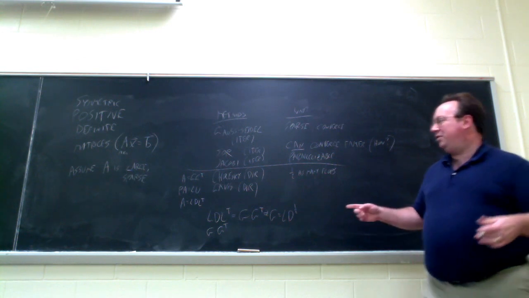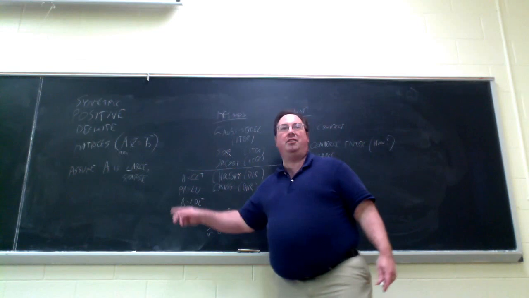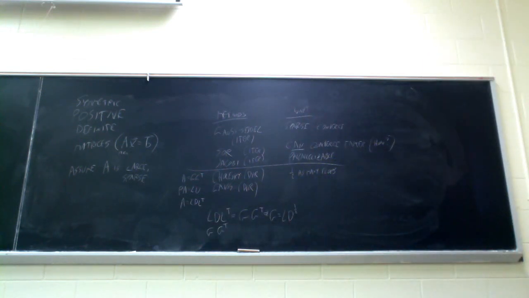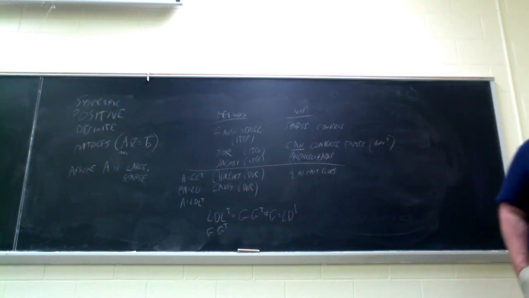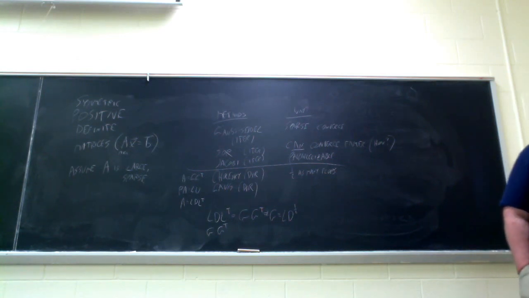Because every invertible matrix has a decomposition with pivoting, but not every matrix has an LU. If you're just given a matrix, it's symmetric, because you can easily check that, and it has positive diagonal entries, you can easily check that. But what's a way to confirm that it's symmetric positive definite?